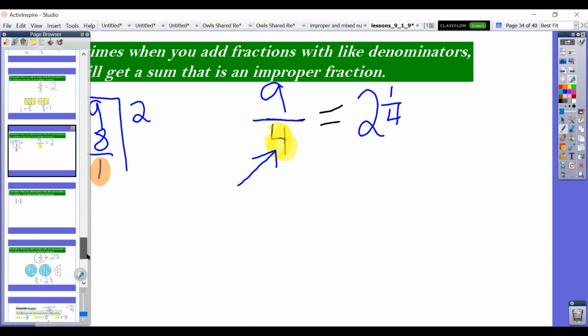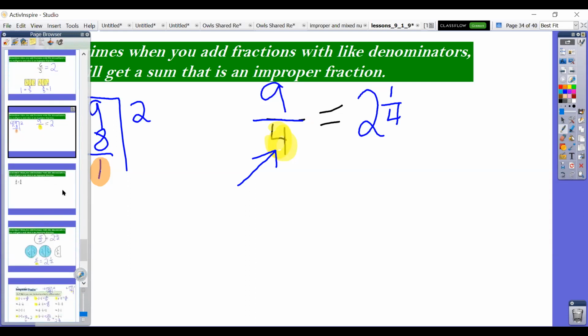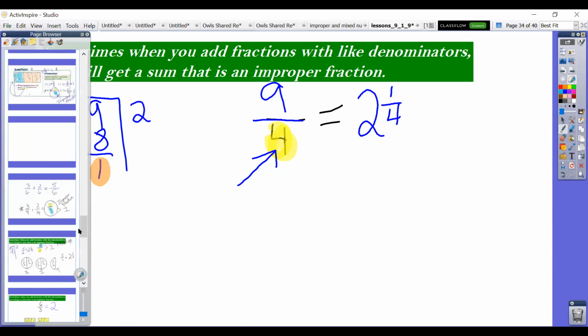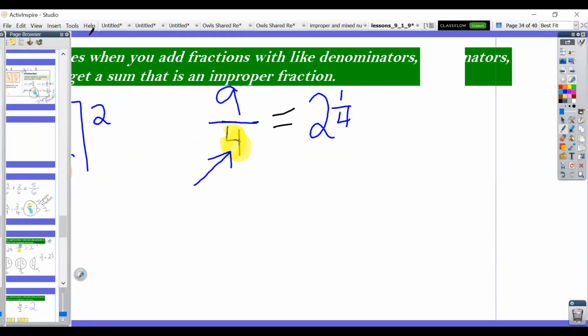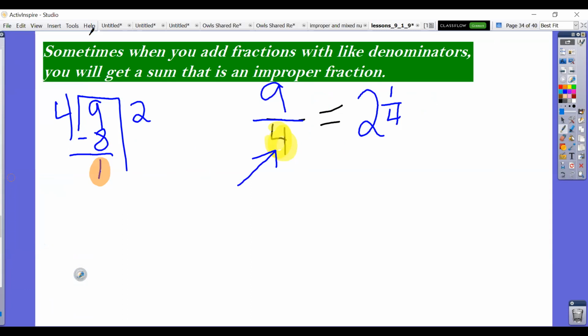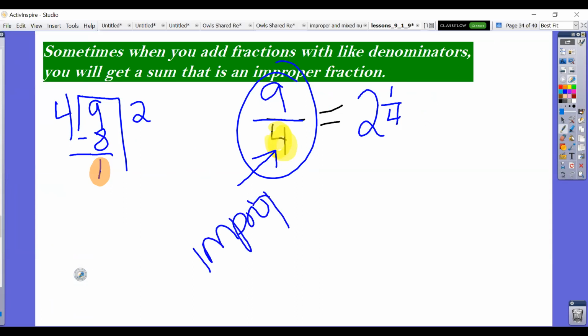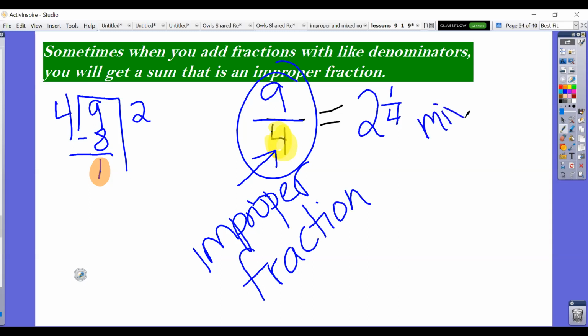Okay. So what I'd like you guys to do is make sure that you go back onto the distance learning website. Today what we did was we learned how to rename an improper fraction. This is an improper fraction, right? It's when the numerator is larger than the denominator. We learned how to change an improper fraction into a mixed number.